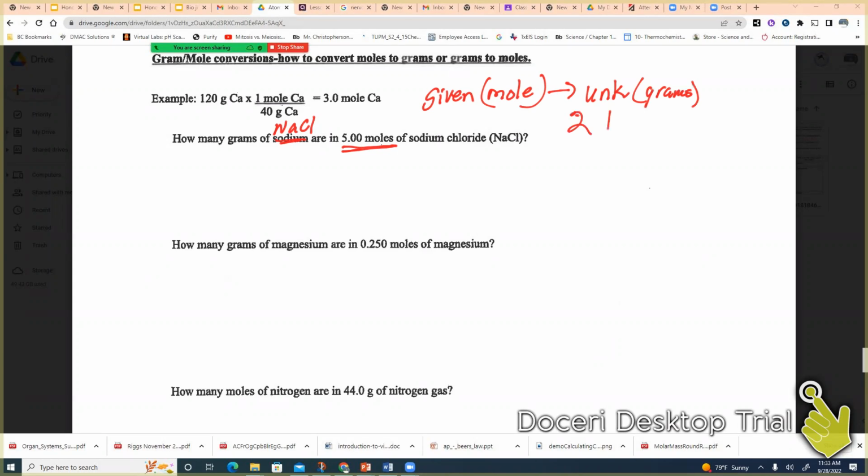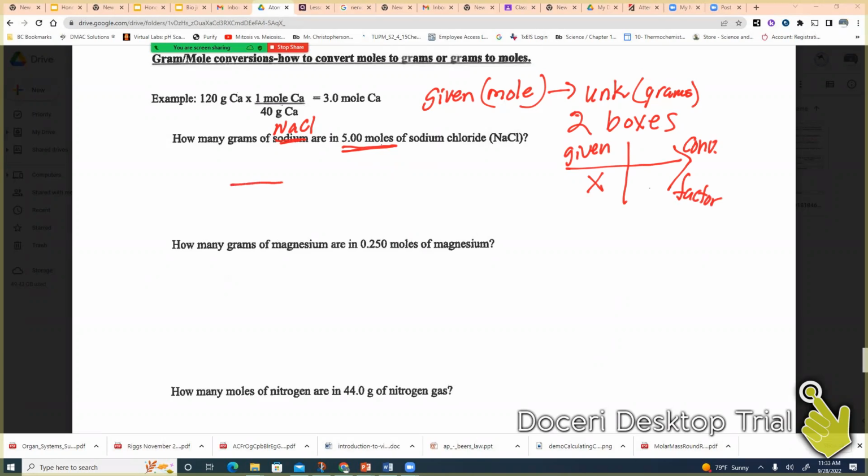This is 2 boxes. What I mean is I'm going to have 2 boxes like this. This is going to be my given, and then here is going to be my conversion factor, whether it's molar mass or Avogadro's number.